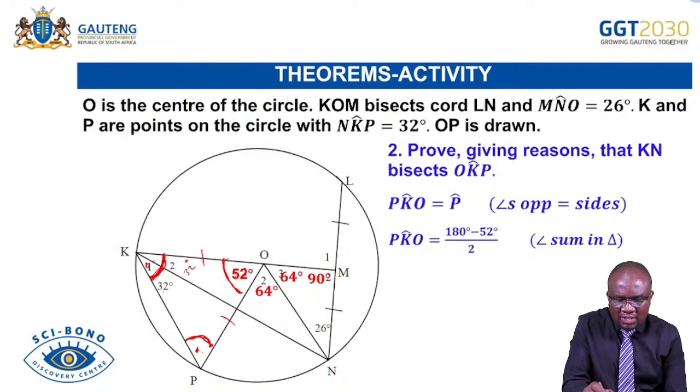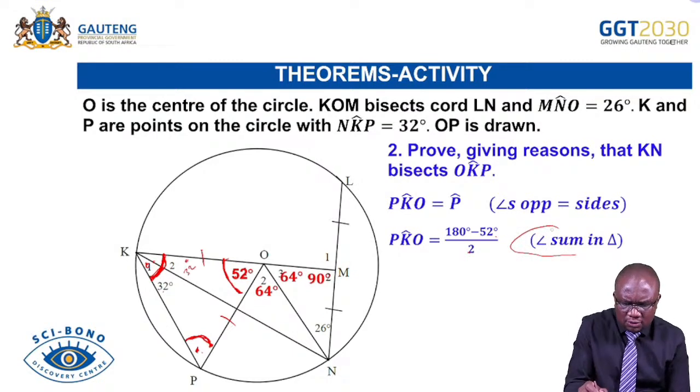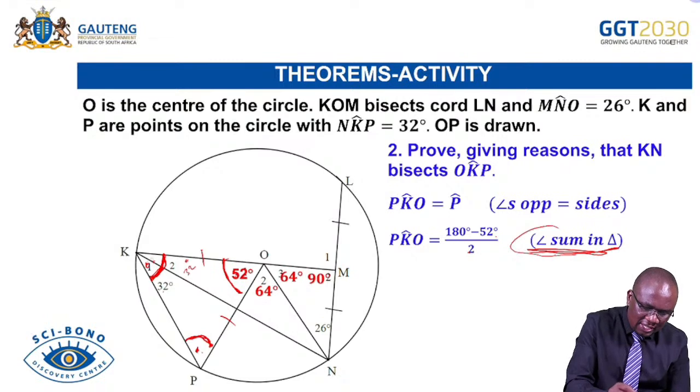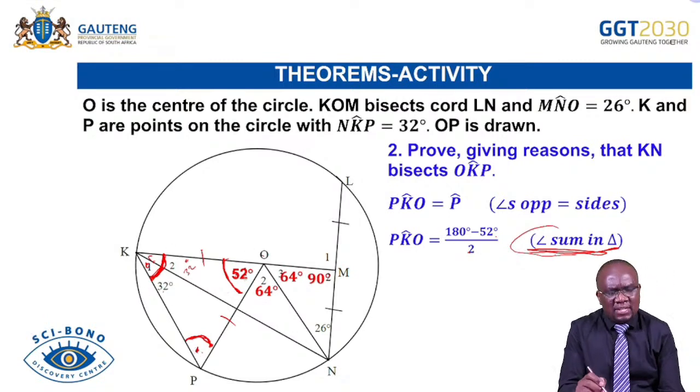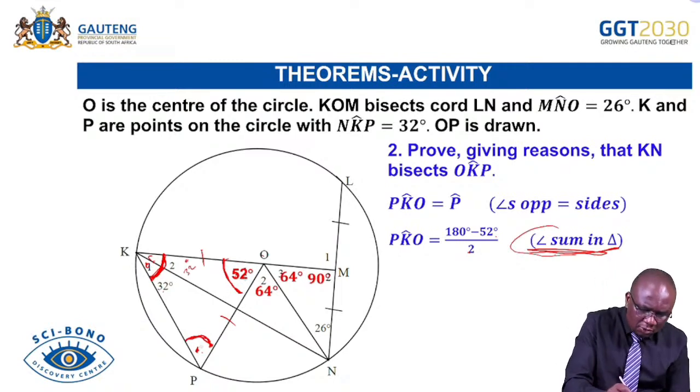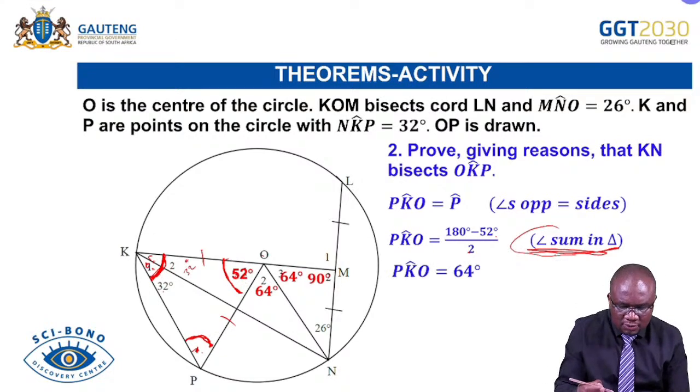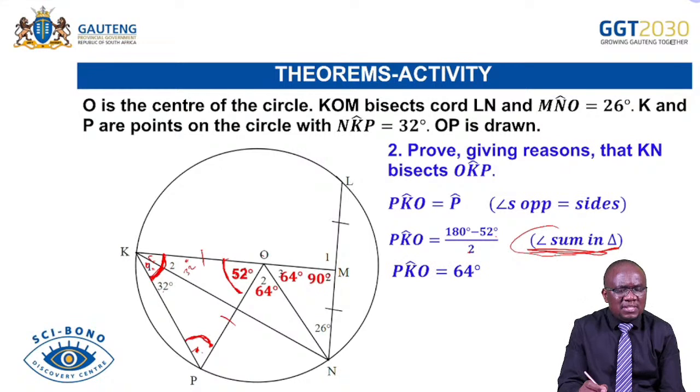So you just say 180 minus 52 degrees, divided by 2. Because why? Because of the angle sum in a triangle. 52 plus KPO plus PKO must add up to 180 degrees. And because these are equal, if you subtract 52 from 180 and divide by 2, we'll get these two angles. So PKO is 64 degrees.